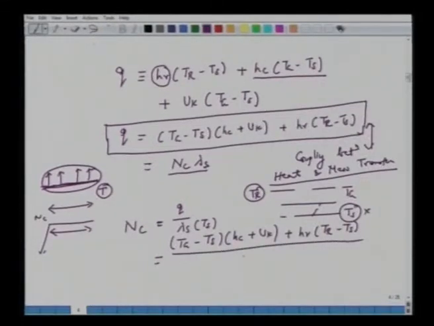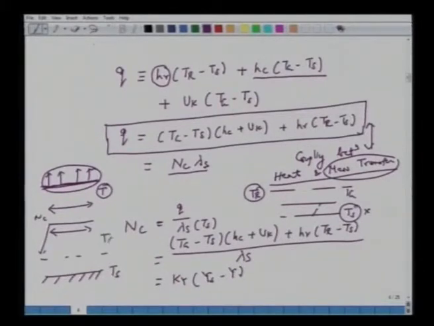And now also recall, when talking of mass transfer, just like we have heat transfer coefficients or overall heat transfer coefficients, recall from the previous lecture, we can also write Nc as some mass transfer coefficient Ky times Ys minus Y. So now we are saying that at the top of the solid surface the temperature is Ts and here the temperature is Tg of air.